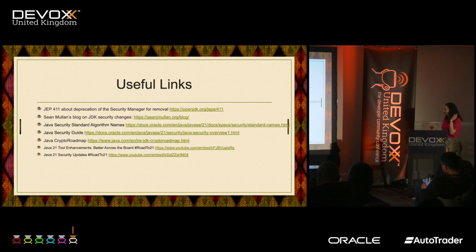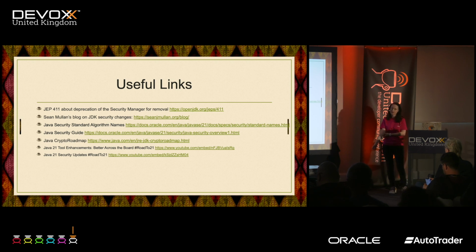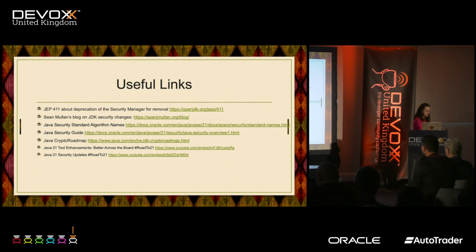And of course, there is a set of useful links that I put together because I've probably used them in the presentation or made a reference to them. There's a lengthier video with more details about what happened with security between 2017 and 21, published last year before the live stream of Java 21.